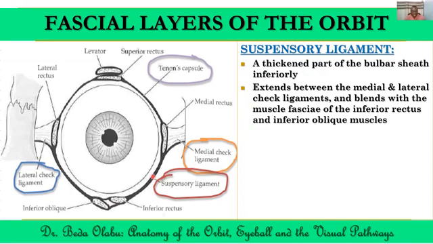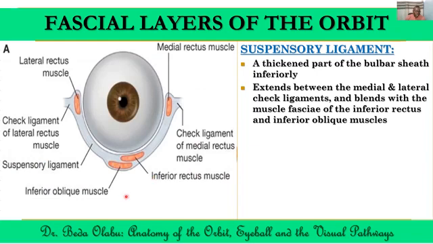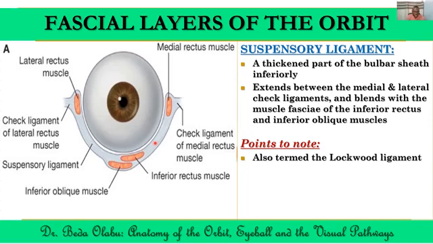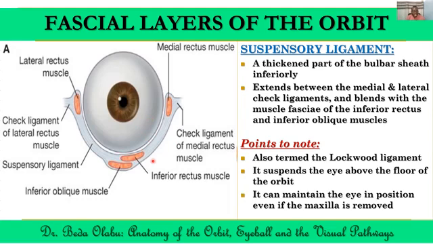This suspensory ligament is very important. Look at that image there. We see it there. The suspensory ligament is quite important because even if you were to remove the maxilla down here, it can still suspend the globe. So it's clinically important that it maintains the position of the eye, even if the maxilla is removed.